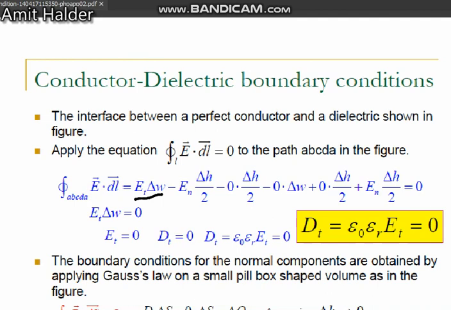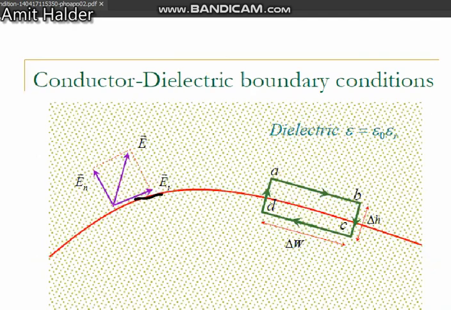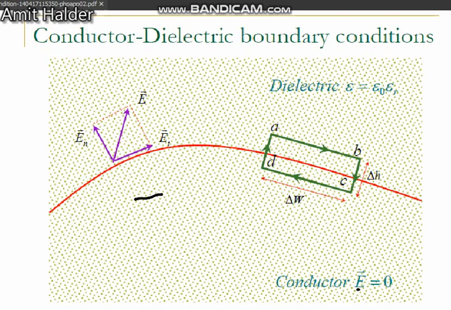If there is a perfect conductor and a dielectric, we can find the second media as 0. Which media is 0, the conductor or the dielectric? Here you can see the conductor field is equal to 0.